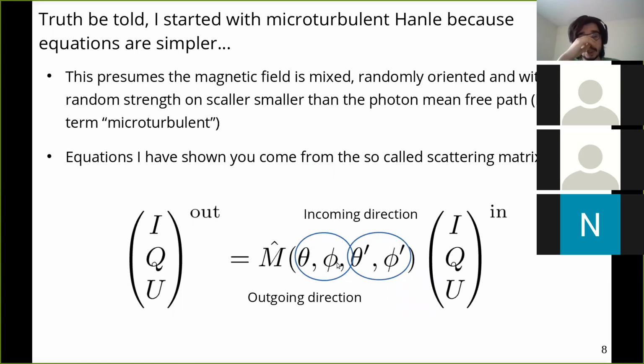Okay, so this is a matrix, and the reason why Stokes V is not appearing here is that we assume that the initial Stokes V is going to be 0, and then the circular polarization cannot ever be created in scattering processes because there is nothing to retard, right? So we only can have different I, Q, U and their changes, but we cannot have V being created from nothing. Of course, in principle, I could have put V here, but we want to focus on the linear polarization only, right?